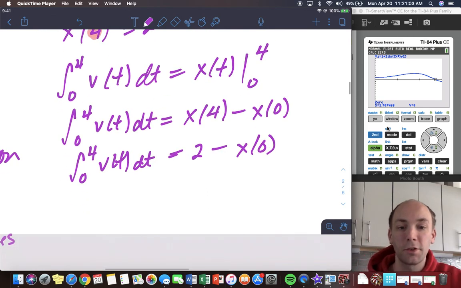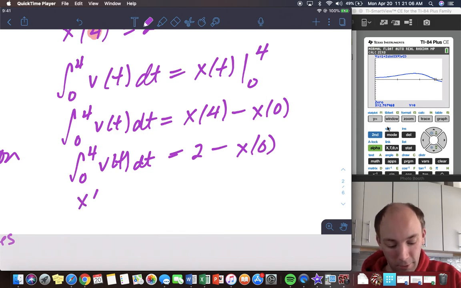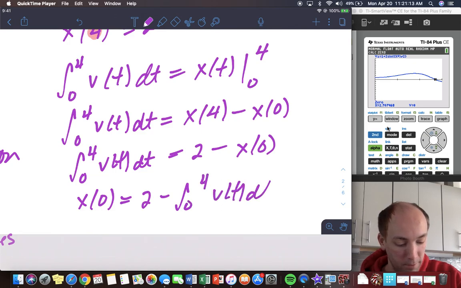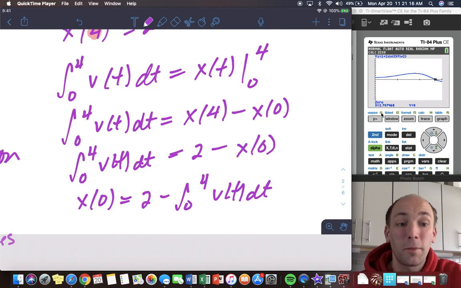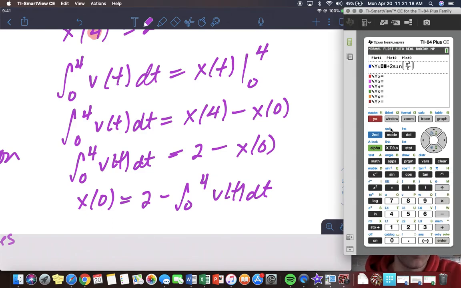Okay, so to solve this for x of 0, I'll add the x of 0 over. I'll keep the 2 there and then subtract the integral. So the integral from 0 to 4 of v of t dt. Okay, calculator problem, so we're just going to do this on the calculator. So 2 minus the integral, so math 9, 0 to 4 of the function, and then dx.